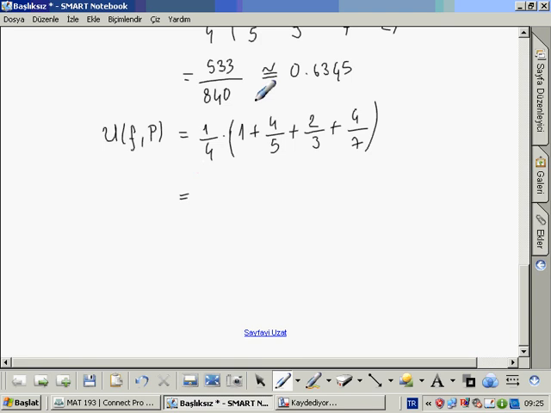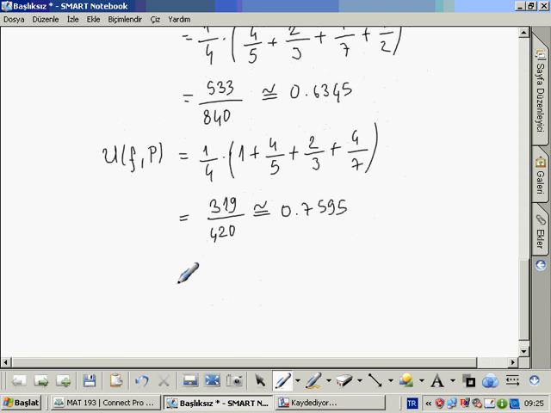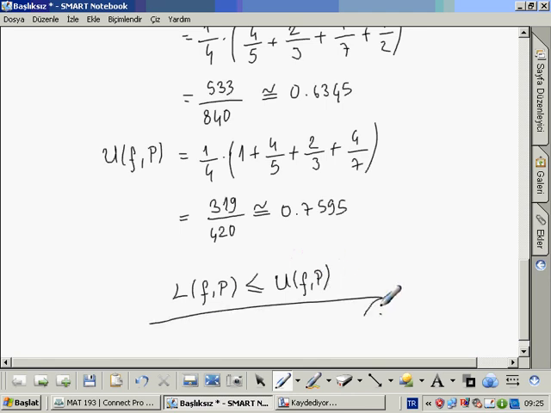And then you will obtain 319 over 420. It is approximately equal to 0.7595. My friends, don't forget it: lower Riemann sums must always be less than or equal to upper Riemann sums. Don't forget.